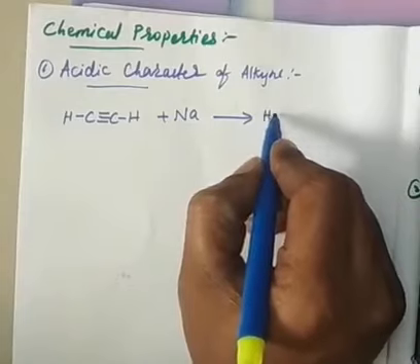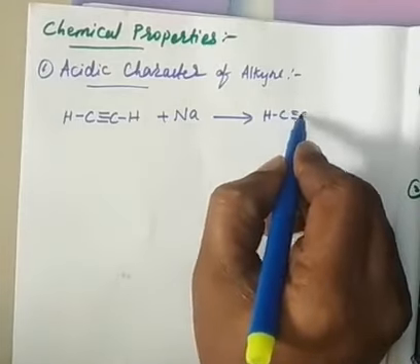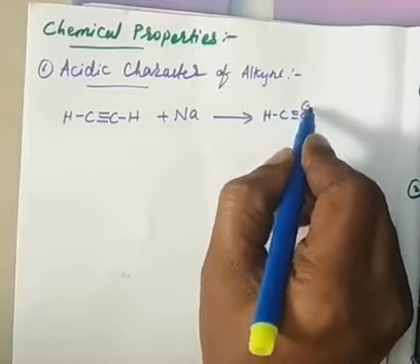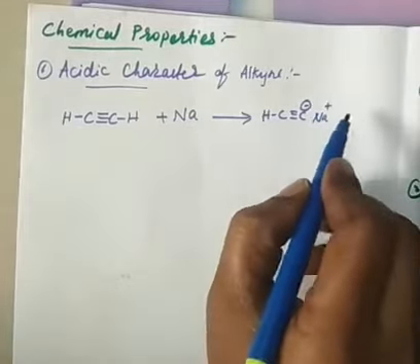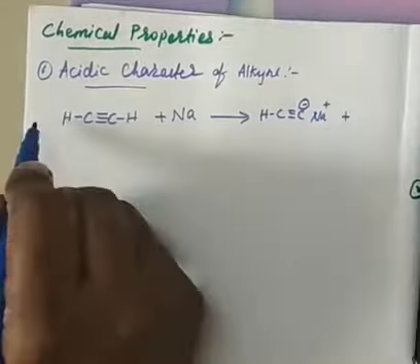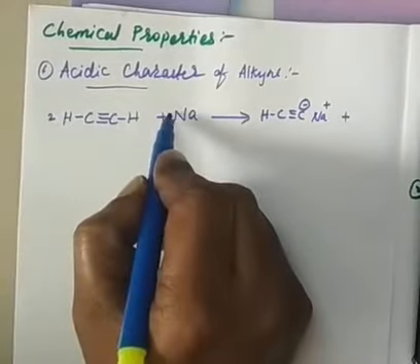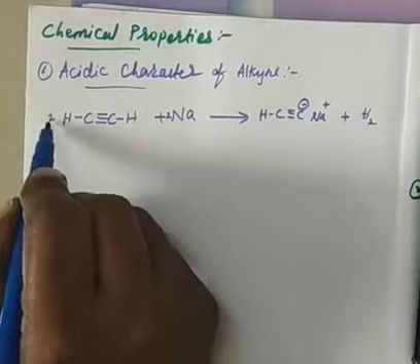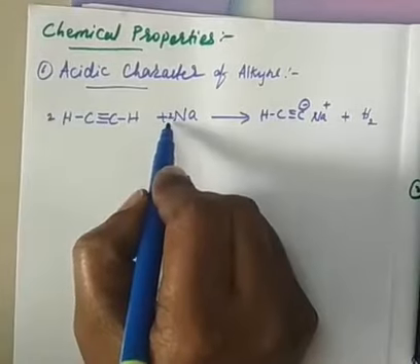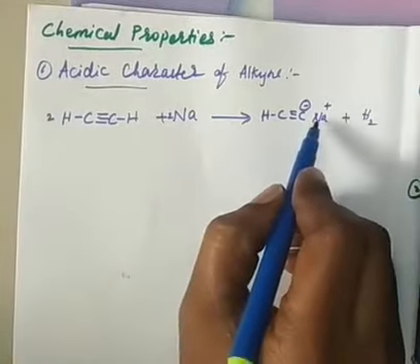Here HC triple bond C will be minus and Na plus will be there. And for example, if I take 2 molecules of this, I will get H2. Or else if I take 1 molecule of it, I will get only 1 H, right?